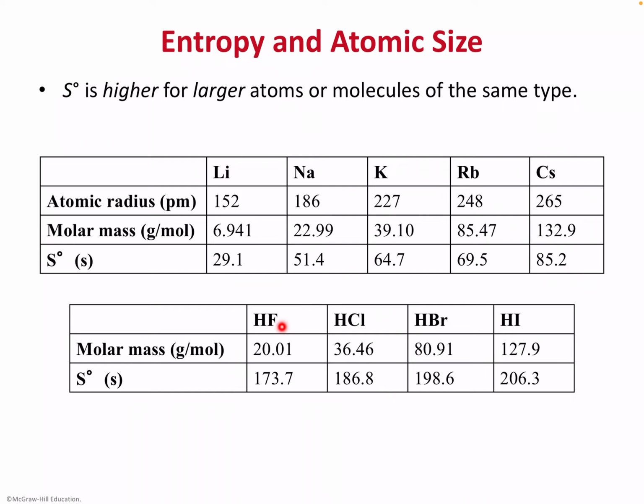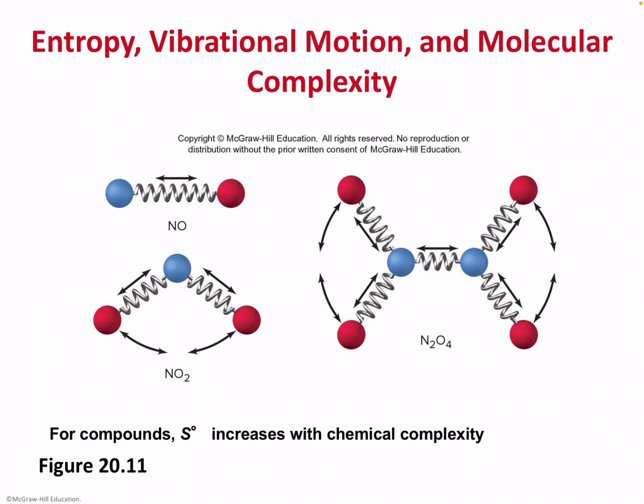And these are molecules: hydrogen fluoride, hydrogen chloride, HBr, HI. These are their molar masses, and entropy also increased as the molar mass increases. This shows us, as the molecule becomes more complex, what happens to the entropy.